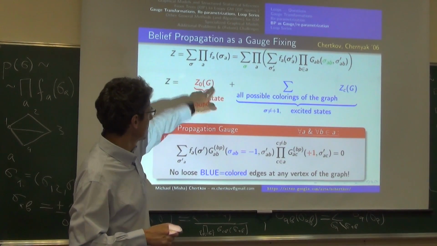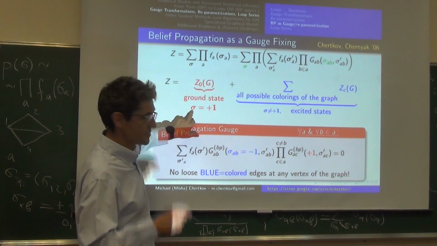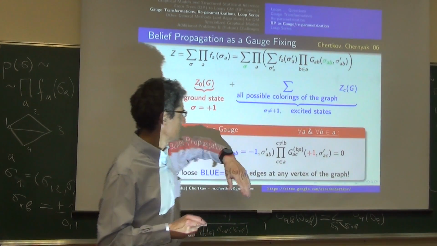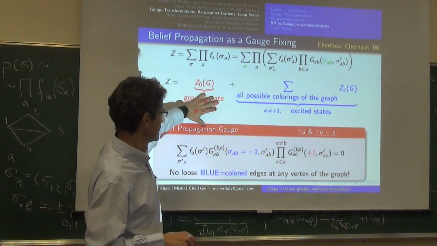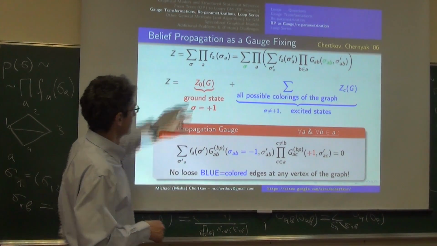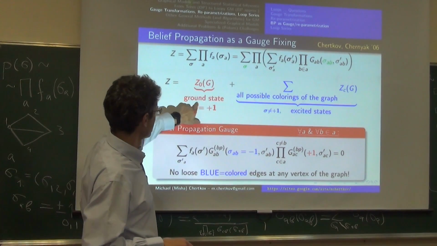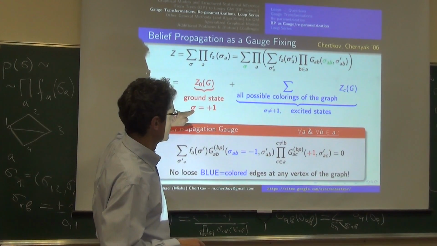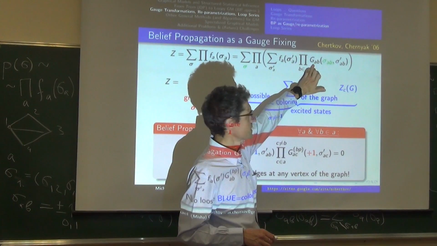I pick one term in this sum which corresponds to all components of this vector being plus. And then there are all possible other terms. Well, I call it the ground state, and I call those excited states, just a name. And I introduce a Z node, and the Z node is basically the expression which I have under the sum for this particular value of sigma. And I'm yet to play with the remaining degree of freedom G.